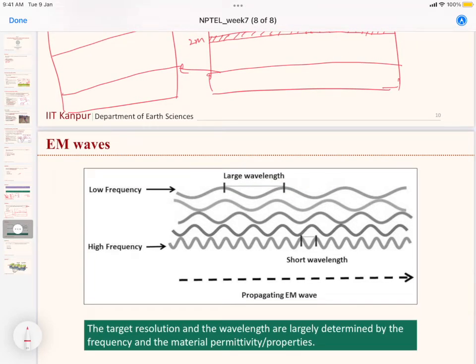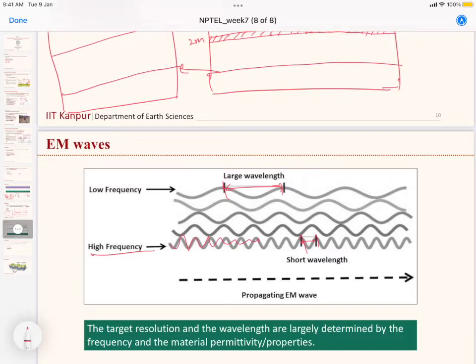Low frequency means a longer wavelength, and high frequency means a very short wavelength. So the wavelength would be this much, and here the wavelength would be this much, crest to crest or trough to trough.